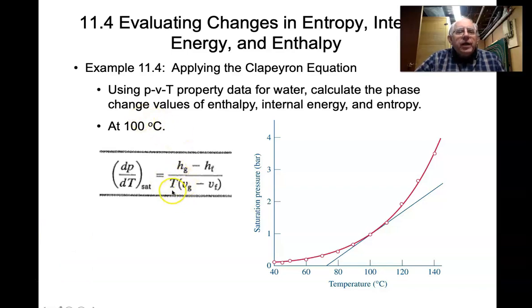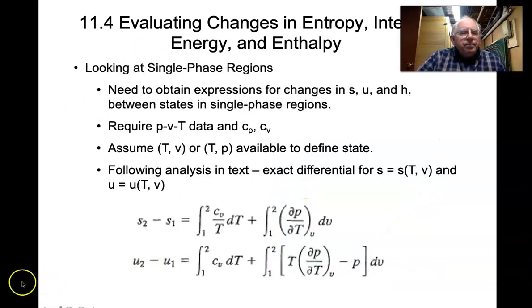Now temperature would have to be in absolute units, and then divided by the volume change across the phase change. And so one could take a look at the data and see if indeed the Clapeyron equation holds for phase change for whatever substance you have a saturation table for. And that's what this particular example is asking you to do.